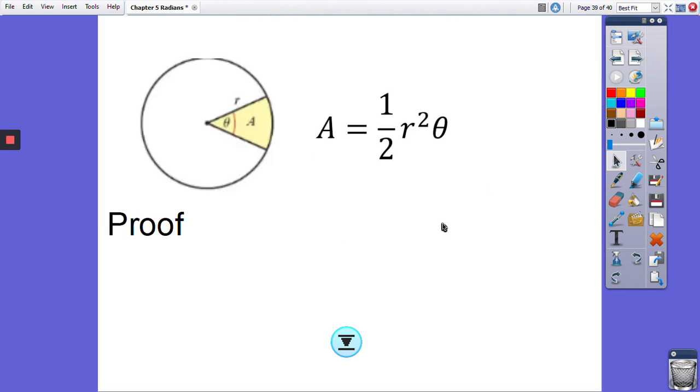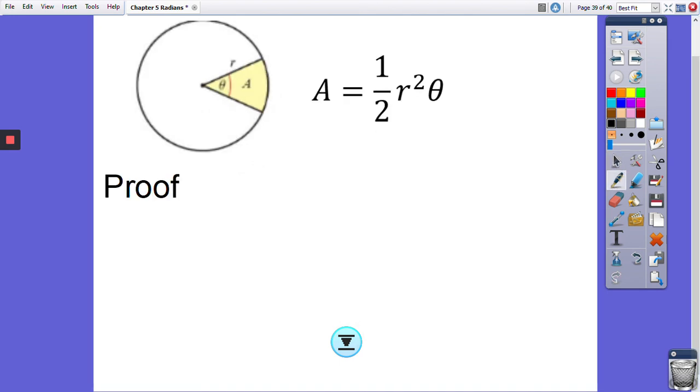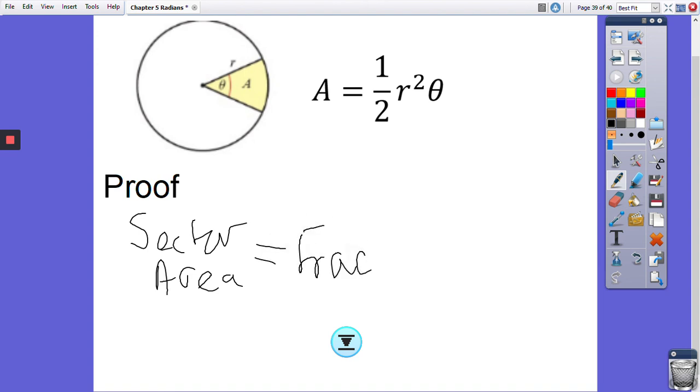Why is it a half r squared theta? So on this, the area of a sector, excuse my handwriting, is going to be the fraction of the circle multiplied by the area of a circle.